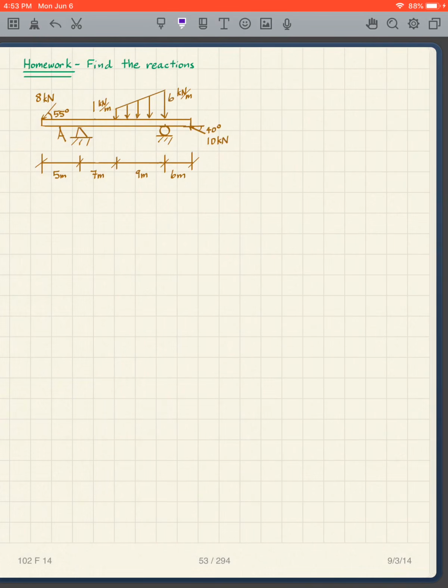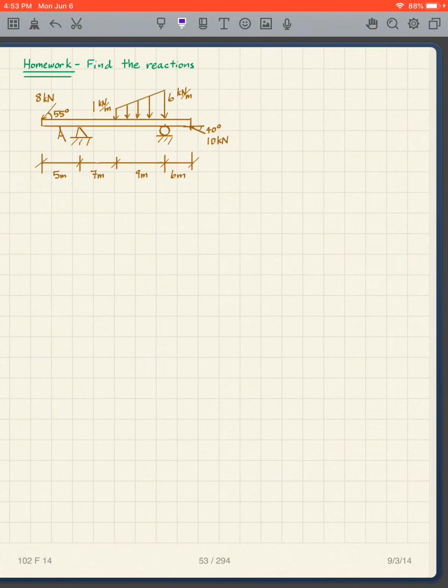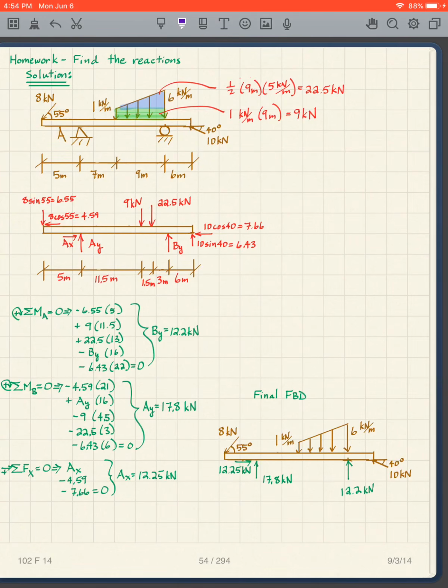Another one, pause the video, solve for the reactions. Again, I don't want to beat this to death, but you need to do them so you feel comfortable with them. So it's going to be, again, this is with respect to the x-axis, so it's downward to the left.